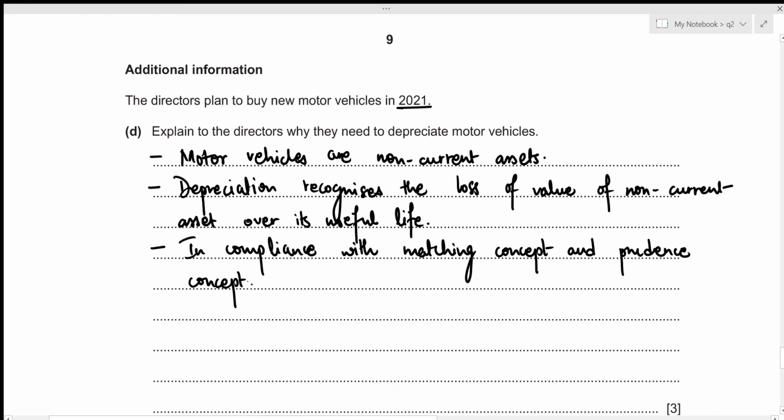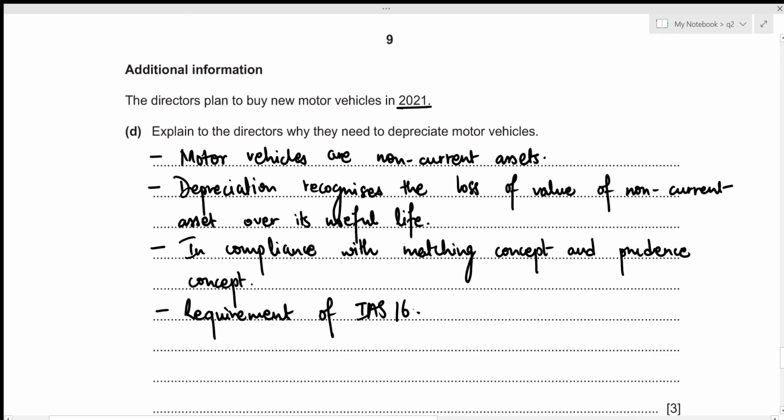Okay, and the depreciation is also a requirement of IAS 16. So that could be another reason, requirement of IAS 16.